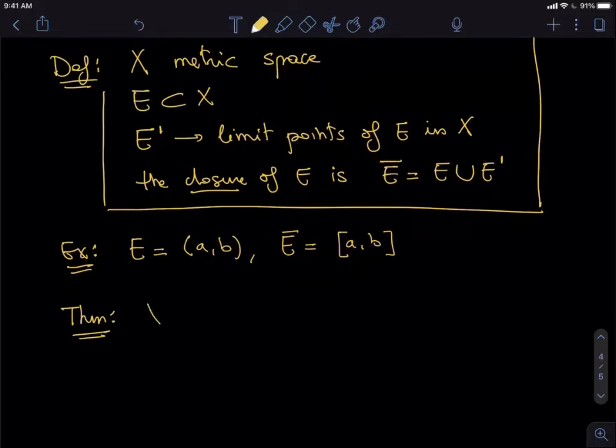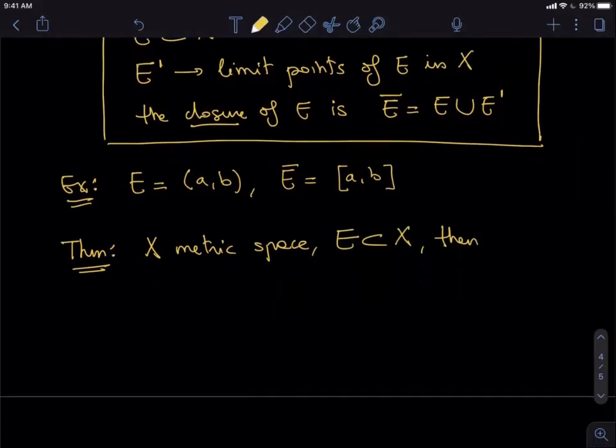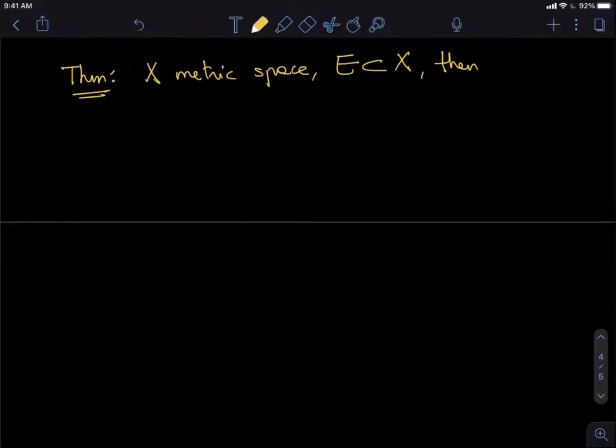Again, the same framework: let X be a metric space, and E a subset of X. Then, like the user agreements that we usually scroll down and don't read, but we should read the context of a theorem, in this case we have that (a) the closure of E is closed.